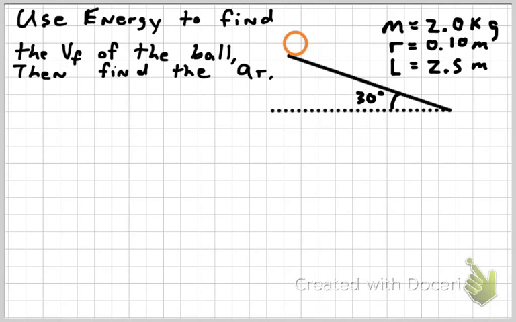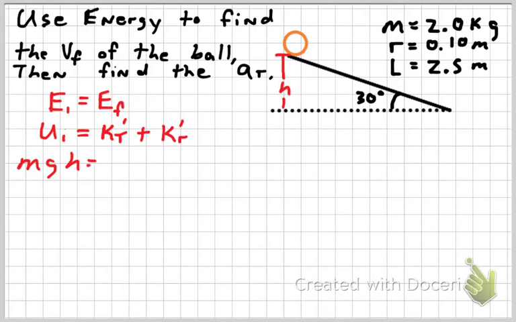Now keep in mind that conservation of energy says the initial energy is equal to the final energy. The initial energy is the ball just has gravitational potential, and since it's rolling, it has translational and rotational kinetic energy. Translational is 1/2 mv squared, and rotational is 1/2 I omega squared.